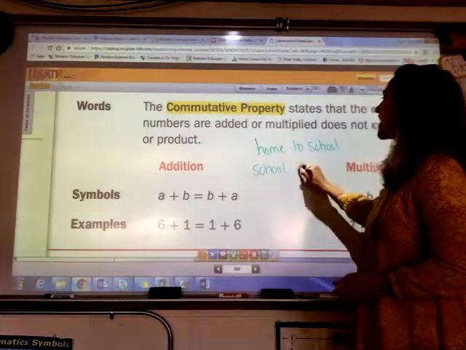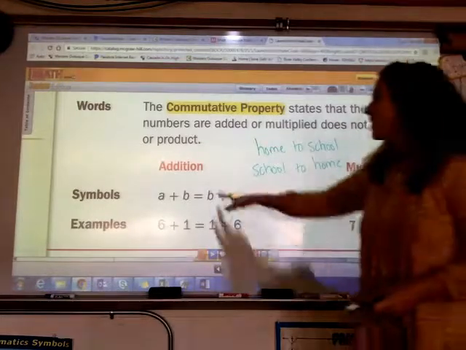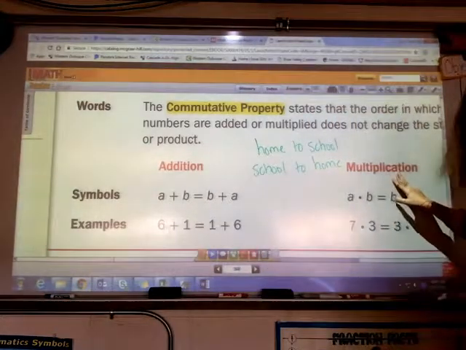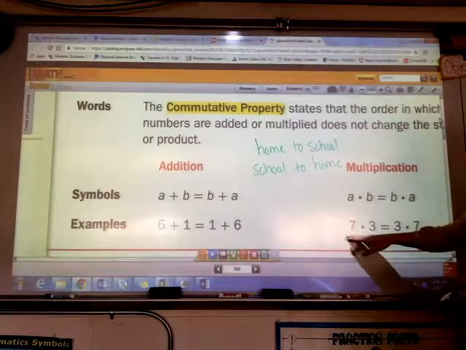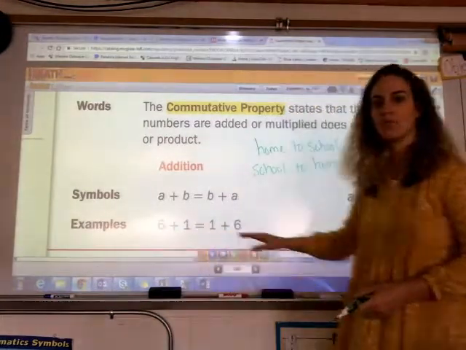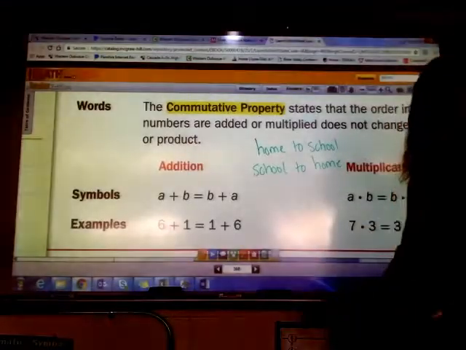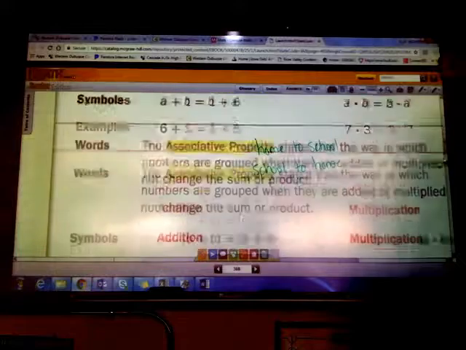Your distance is not changing. The only thing that changes is your order. It works for addition and it works for multiplication. For example, 7 times 3 is the same as 3 times 7, and 6 plus 1 is the same as 1 plus 6. It will not work for subtraction or division.